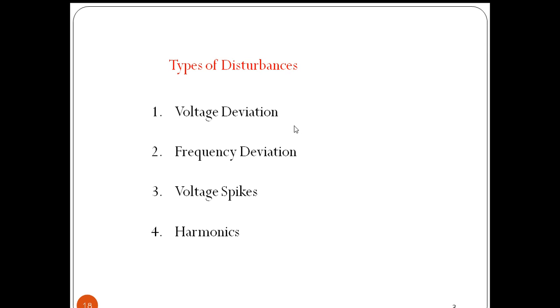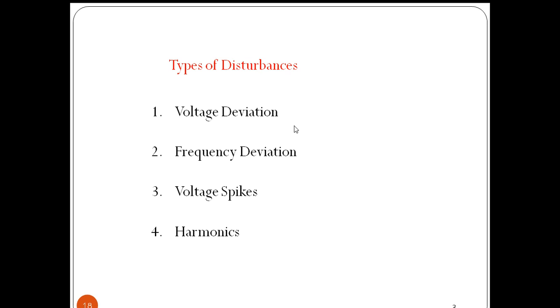Because of that, there will be over voltages and under voltages. Suppose we are getting voltages which are lesser than nominal value, then we call it lower voltage. And suppose we are getting voltages which are higher than the nominal value, then those are called over voltages. So we may get over voltage or under voltage.